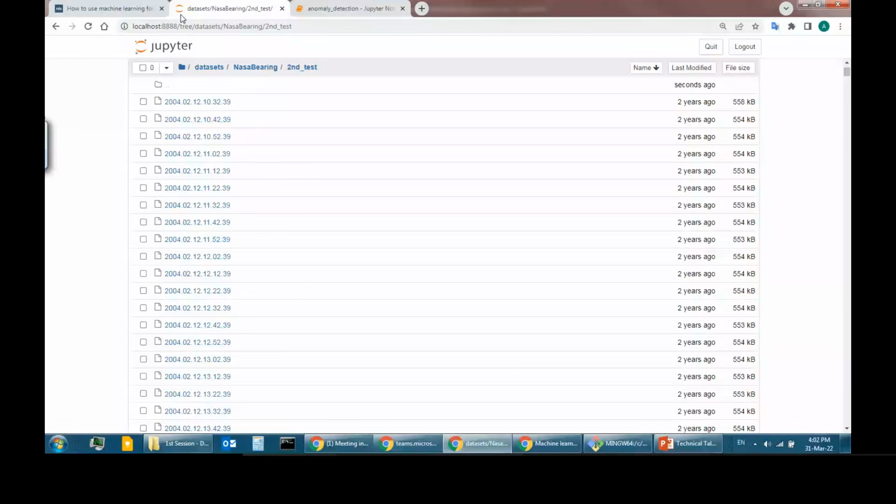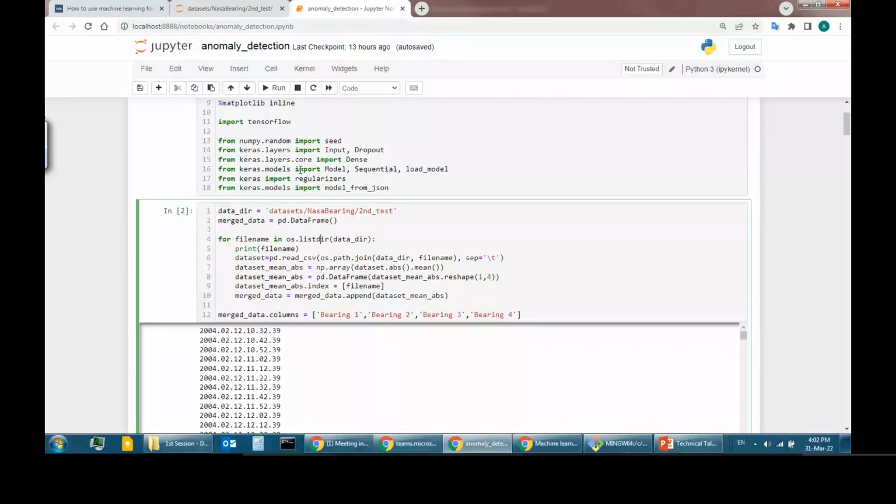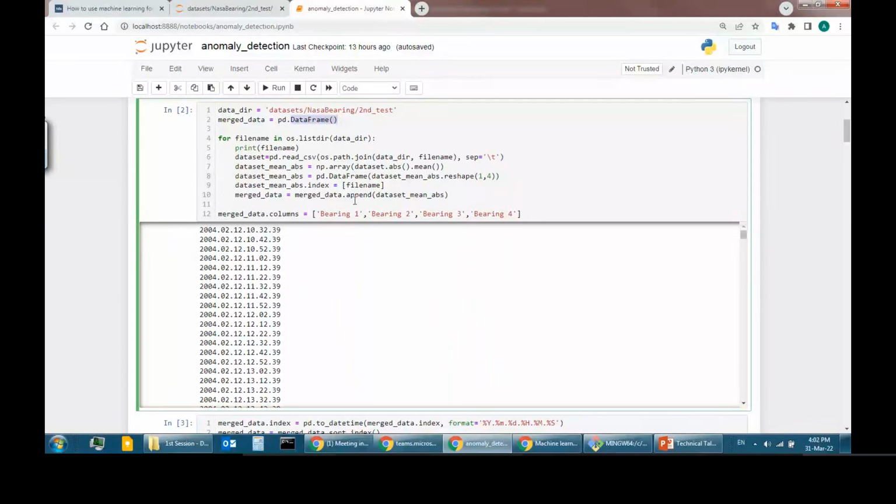So they read the file here, and they use something called pandas. Pandas is a library of Python. It can arrange the data, load the data into the shape of a table, something similar to Excel. And then they do some manipulations. For example, in this case, they merge. They take many files, and they take the mean of the absolute of a file, so a single value from each file.